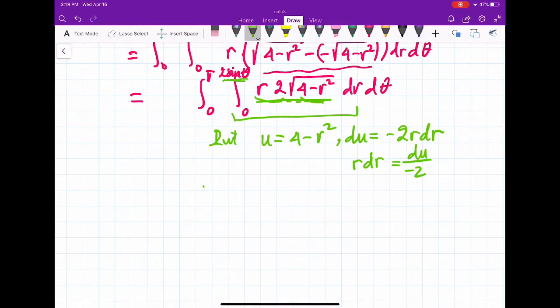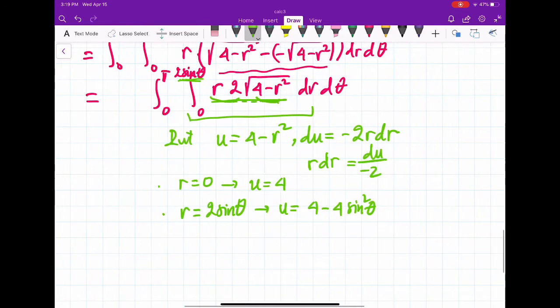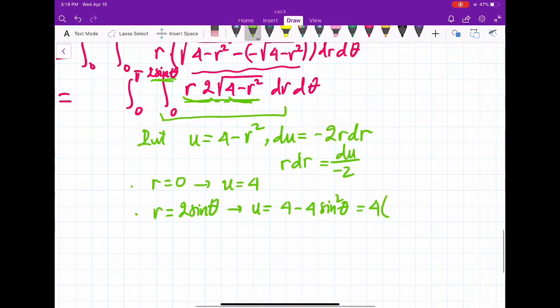When r equals 0, u equals 4. And when r equals 2 sine of theta, u equals 4 minus 4 sine squared of theta, which is 4 times (1 minus sine squared), and that is just 4 cosine squared of theta.